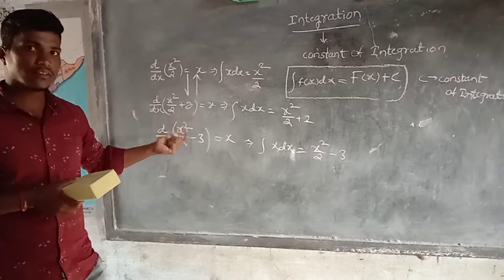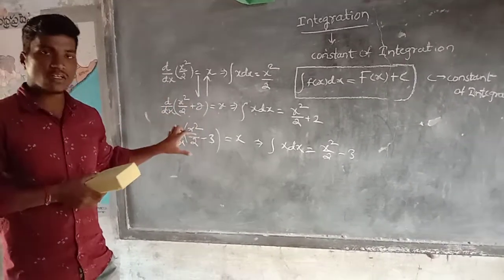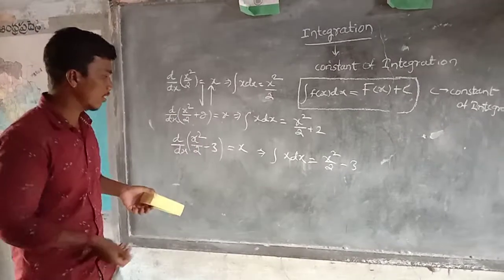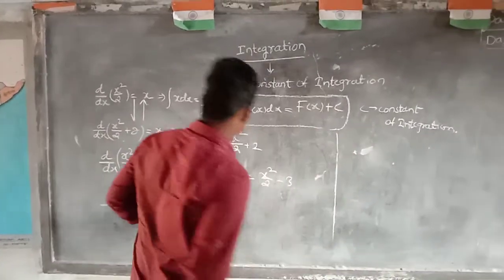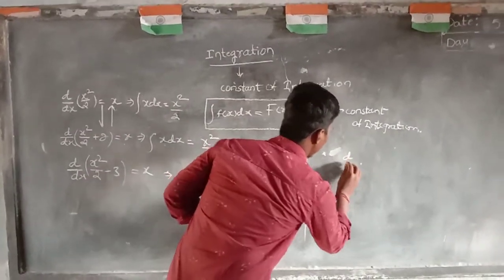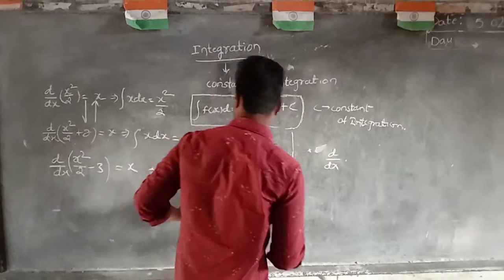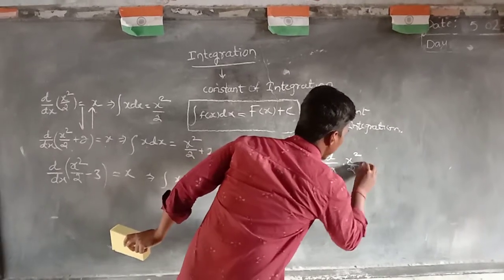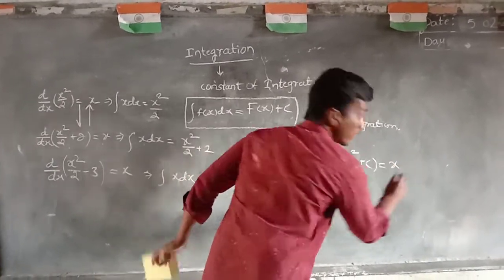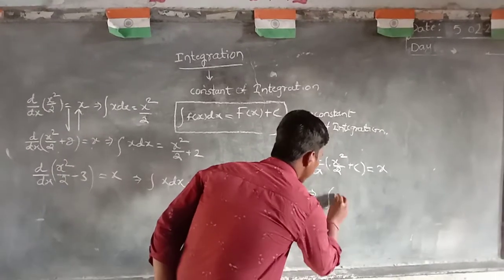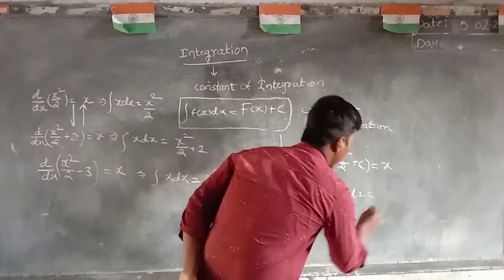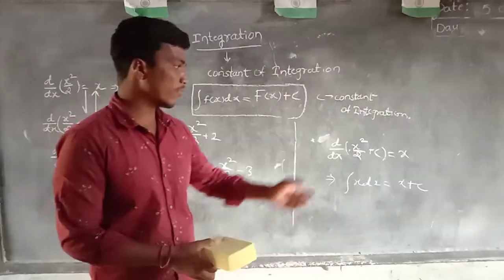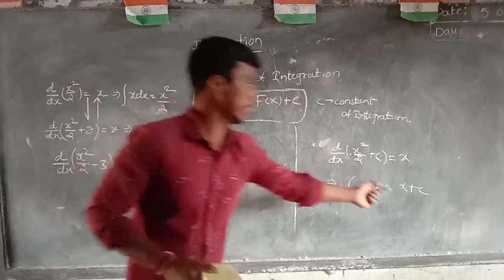But in these two there is a constant term, so with respect to this constant term we write: d by dx of x square by 2 plus c is equal to x, but integration of x dx is equal to x square by 2 plus c. That's why we have to put the constant c.